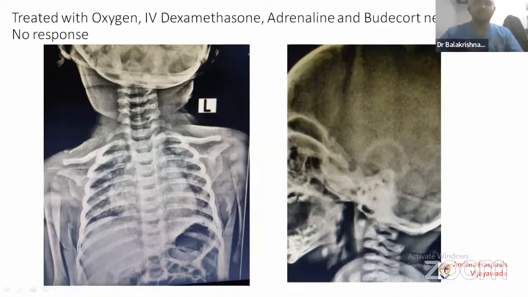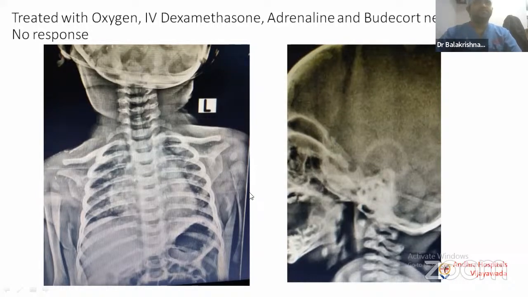Okay, acute LTB is one possibility which you need to keep in mind because the child is restless, SATs are not maintaining. So what you do is usually the same thing which we also do. We'll start the child immediately with O2. We'll start some steroids. So the child was started on adrenaline and Budecort nebulization. But there was no response from the child's side.